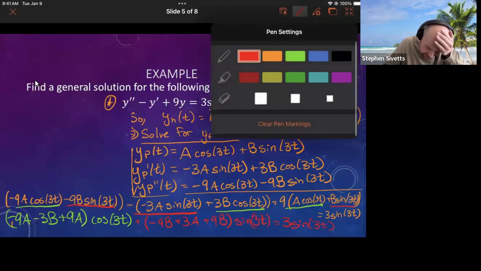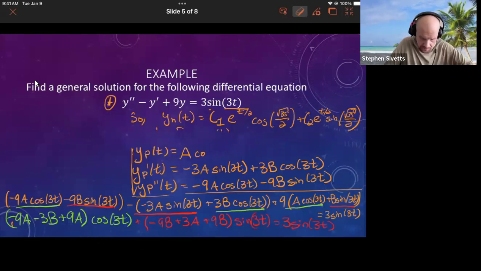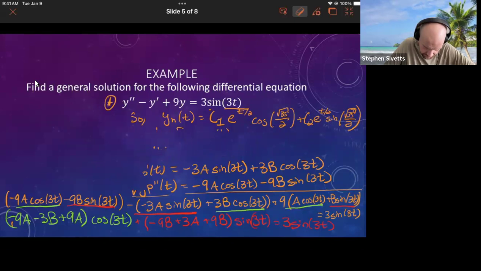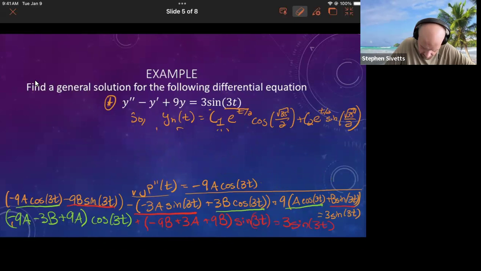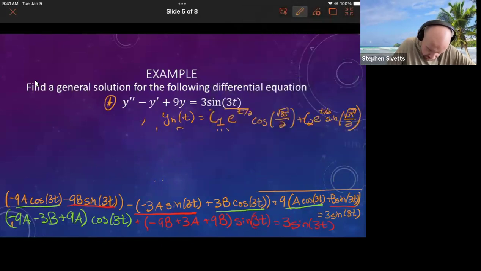All right, so for the cosine 3t, we'll have a minus 3b equal to 0.